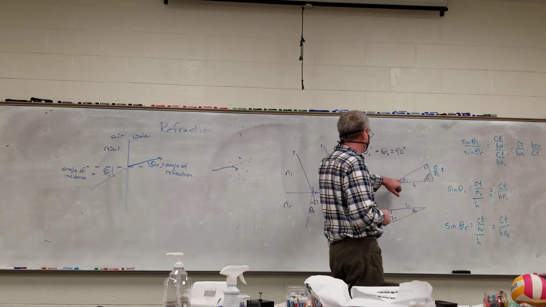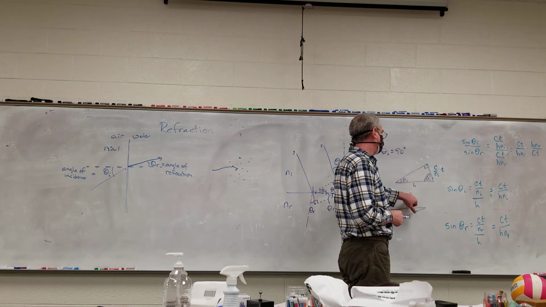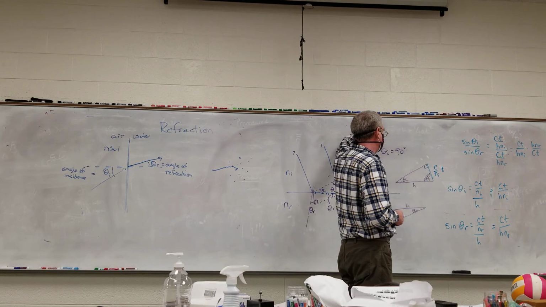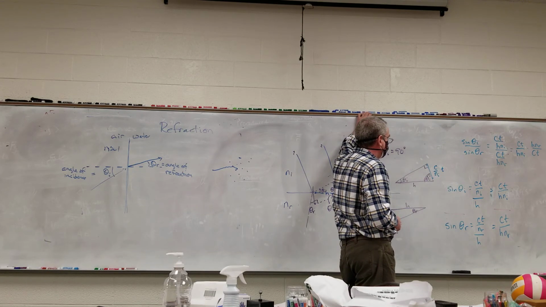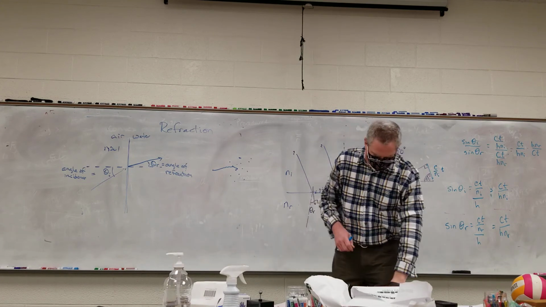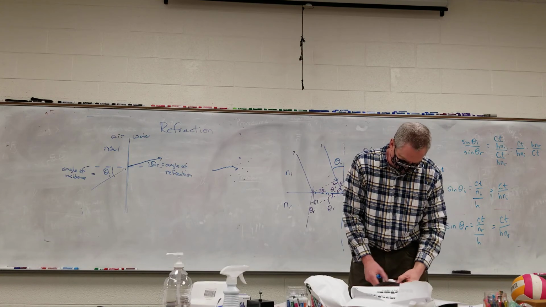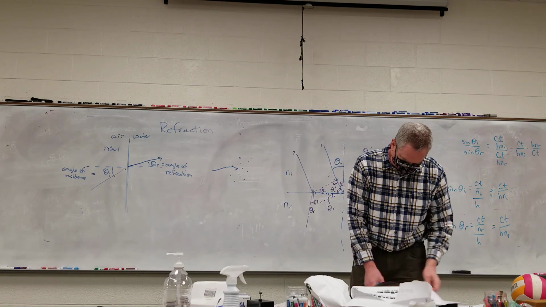Sine is opposite over the hypotenuse. Let me figure out where I got something backwards.